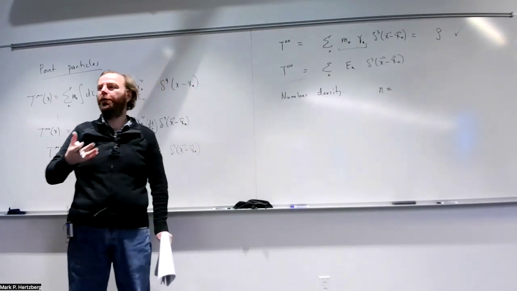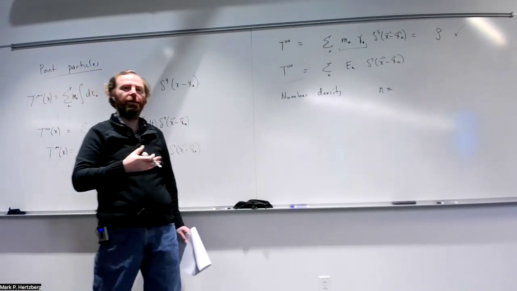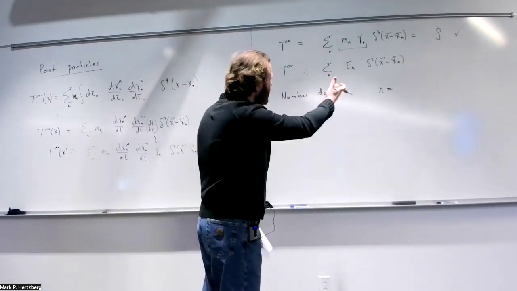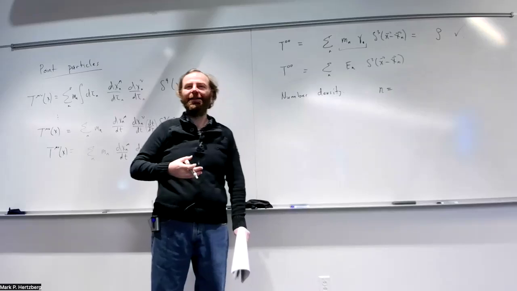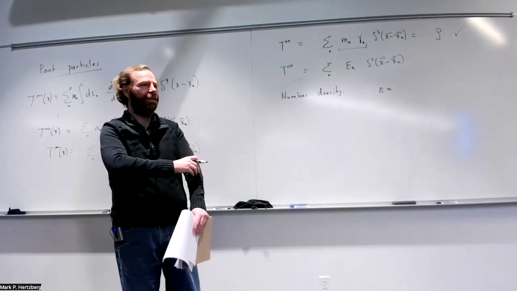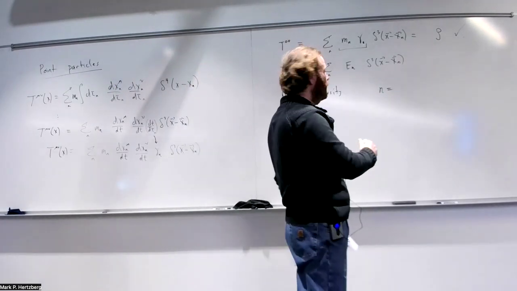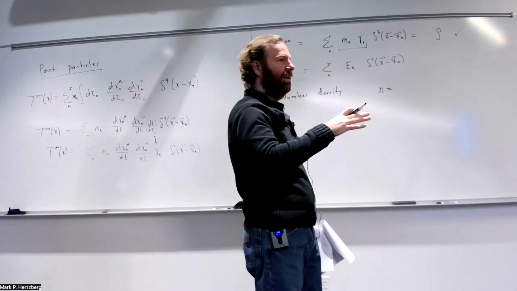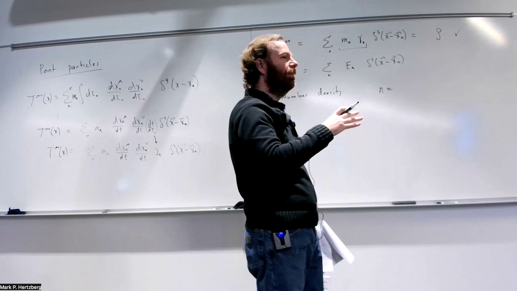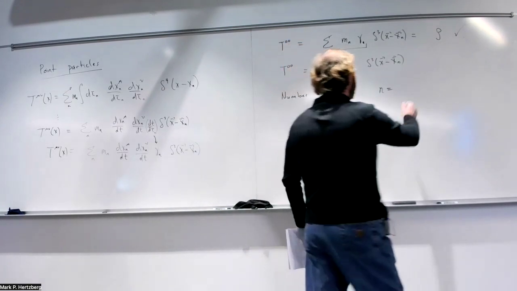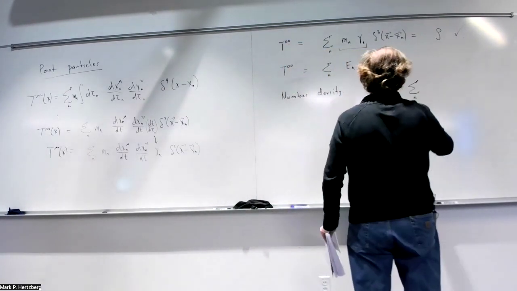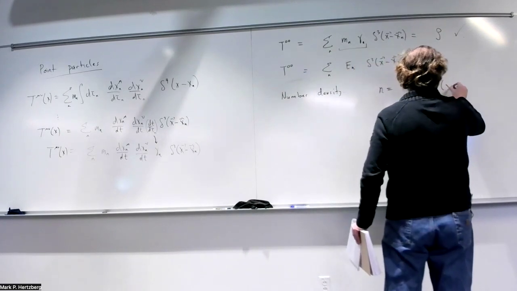Right, number per unit volume. That's the energy density. What might be the number density? Yeah. Did you say big N or did you say sum? Sorry. I guess either, sum on all the n. That's right. Yeah. Sum over n and then the delta function.